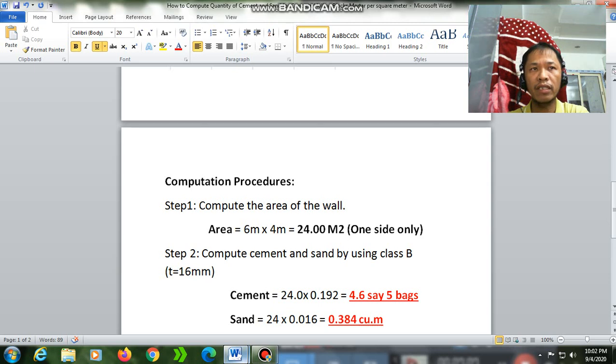So second step, you need to compute the cement and sand used for plastering by using class B, and we will assume that the average thickness is 16 mm. Kasi hindi po natin ma-perfect yung wall, kasi pag mag-install tayo, minsan pa not straight yung wall. So we'll see that the average thickness of the wall that we need to plaster is 16 mm.